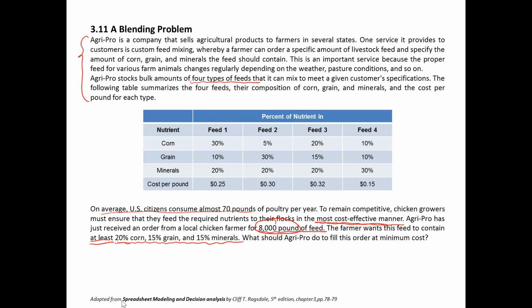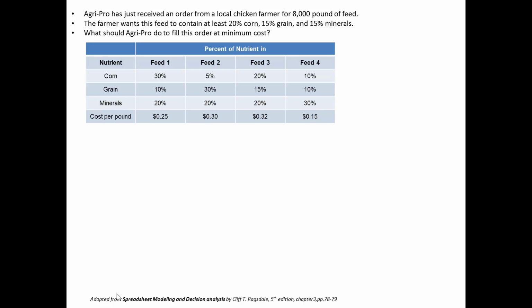Okay, so let me go to the next slide. I summarized the key information here: an order of 8,000 pounds, these are the requirements, and these are the given information.